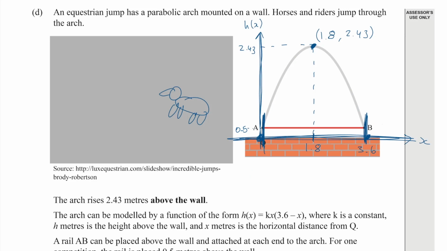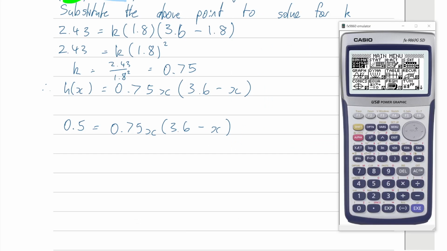We could go menu, graph, we graph 0.5, and then we graph our function 0.75 x times (3.6 minus x), execute, and hit draw.